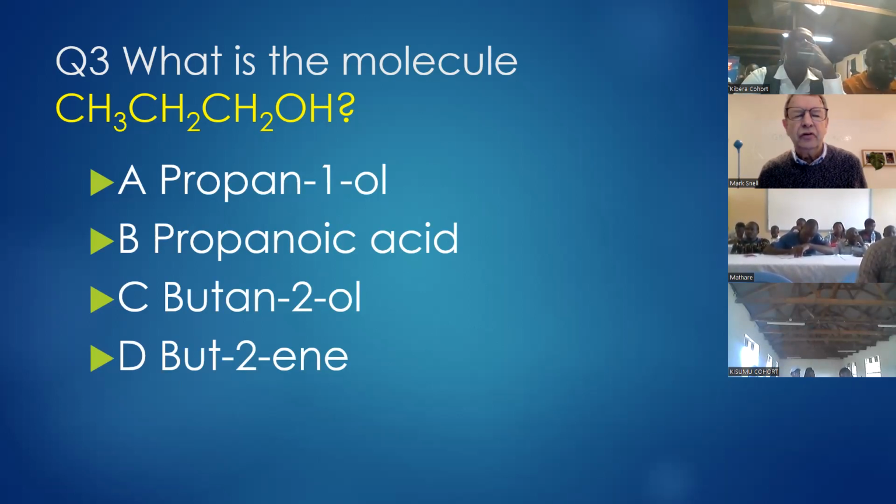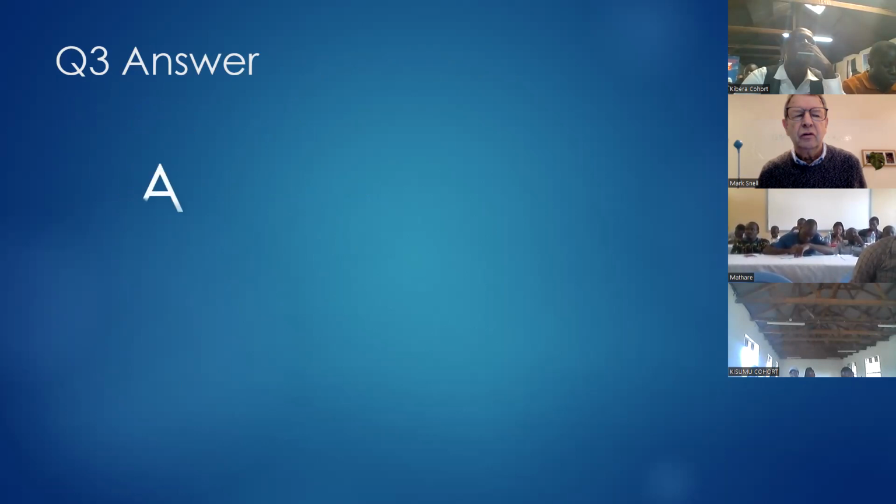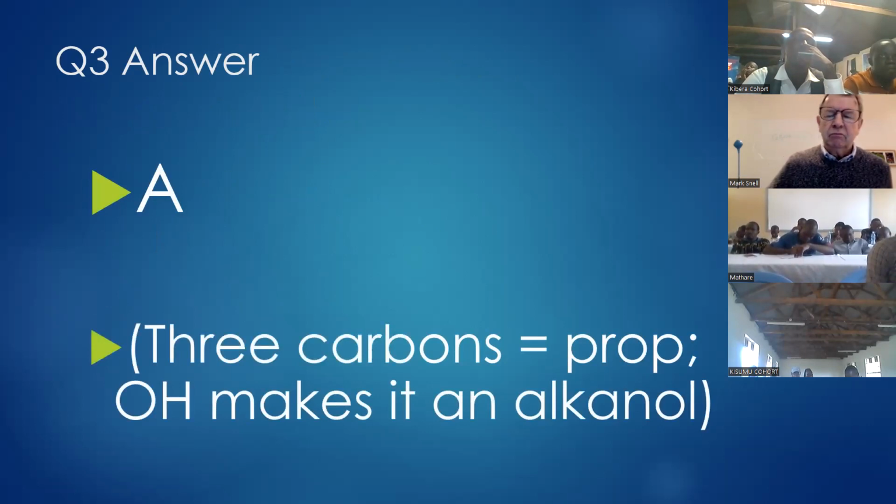And of course, it's propan-1-ol, because the OH is on the end. That's A. It has 3 carbons, prop, and OH makes it an alkanol, and it's on the end. Easy. What about question 4?